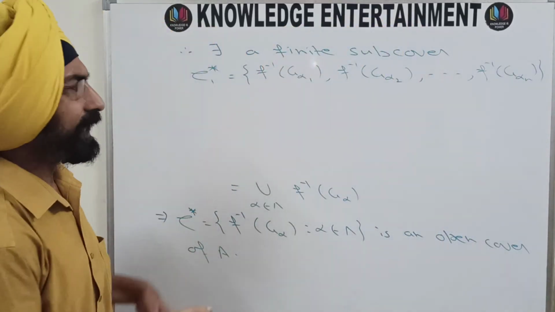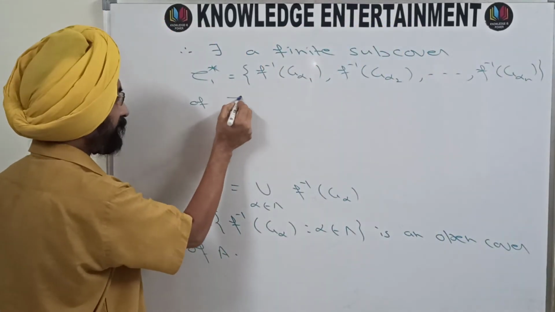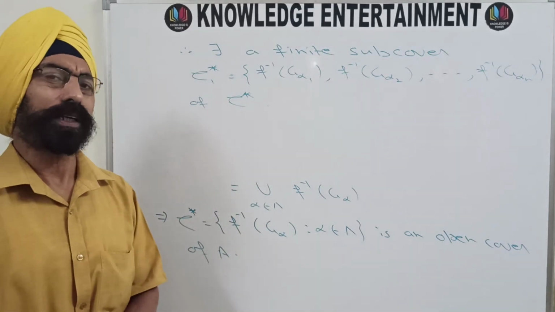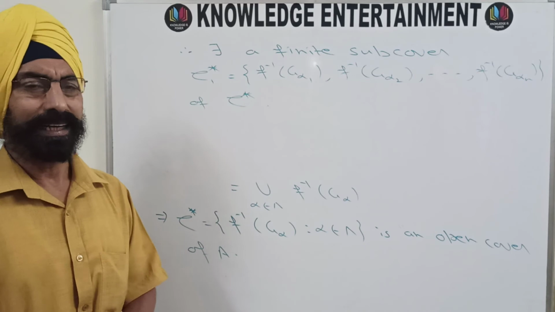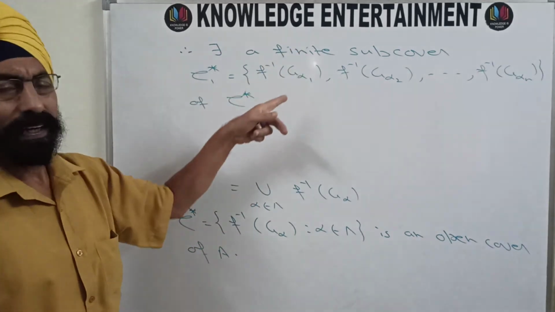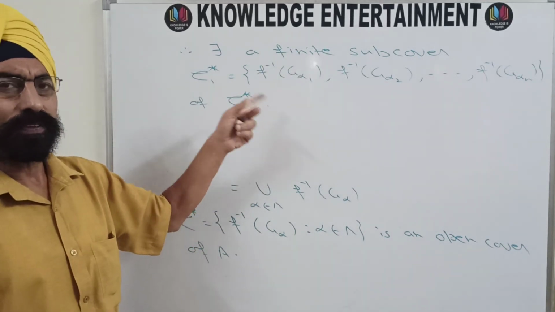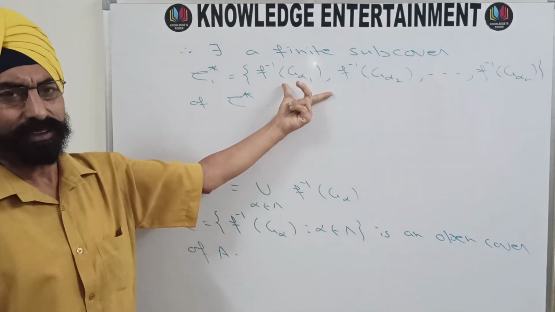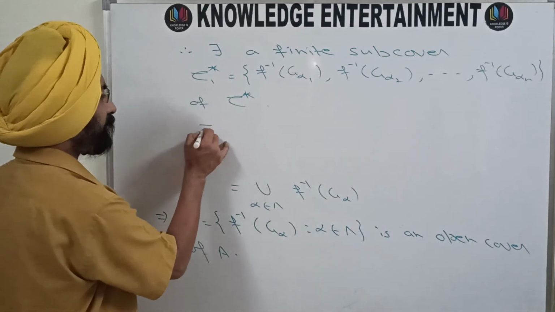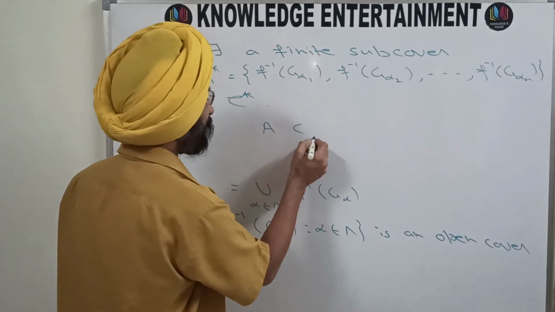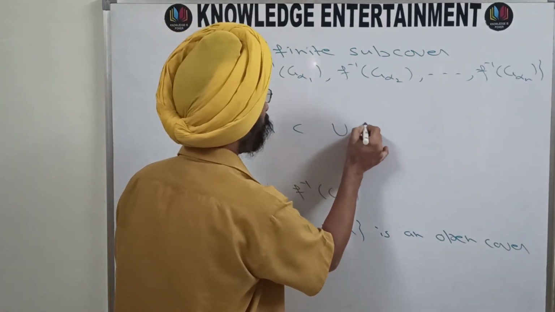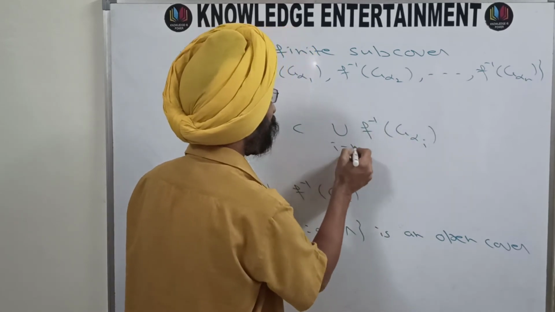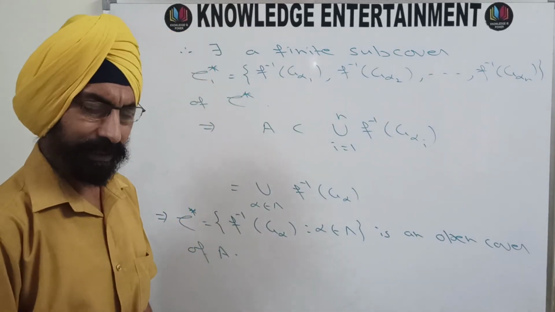So this is a finite subcover of C star, because C star was the open cover of the compact set A. Since it is a finite subcover of the cover of A, that means the union of members of this collection will cover it. So this means A is a subset of union of F inverse G alpha i, where i varies from 1 to n.